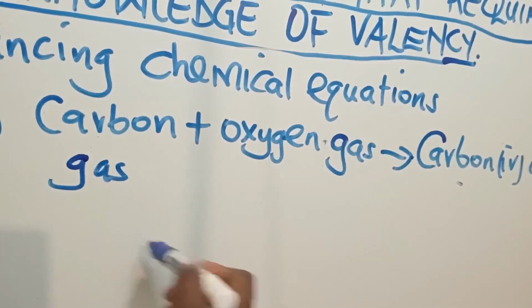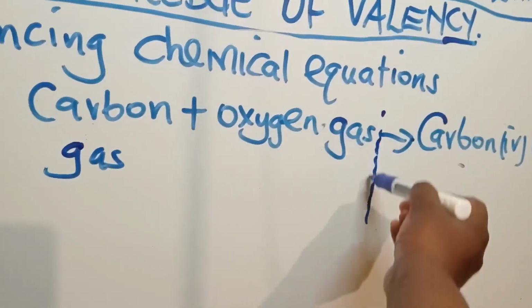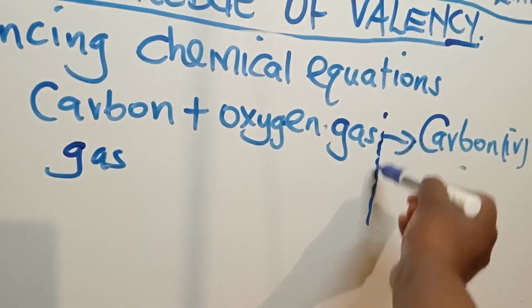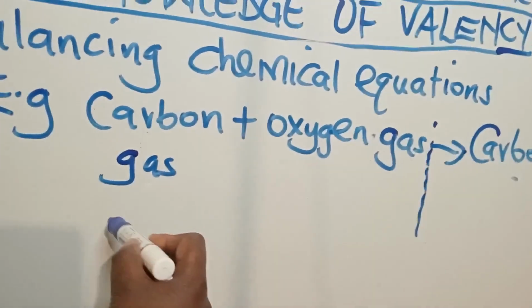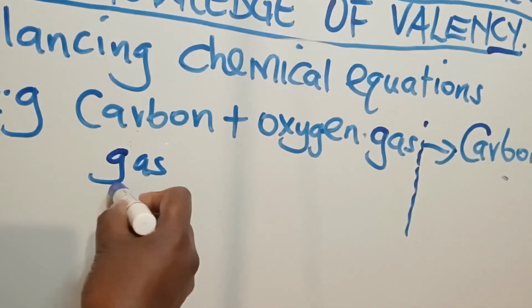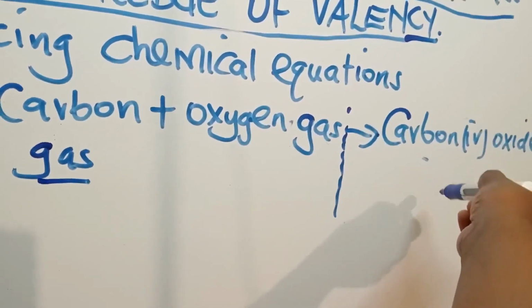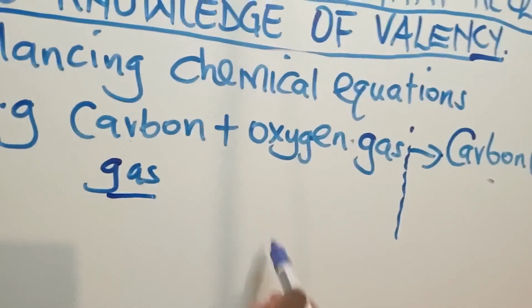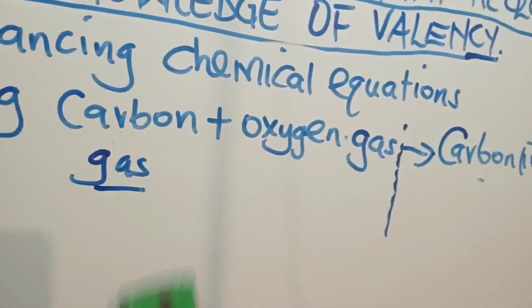It will be very wrong, because when you look at this point where we have the tail of the arrow, this side is considered to be the reactant side. So the word gas, which is supposed to be for the name on the product side, has come to the wrong side where we have the reactant side, so it will be very wrong.